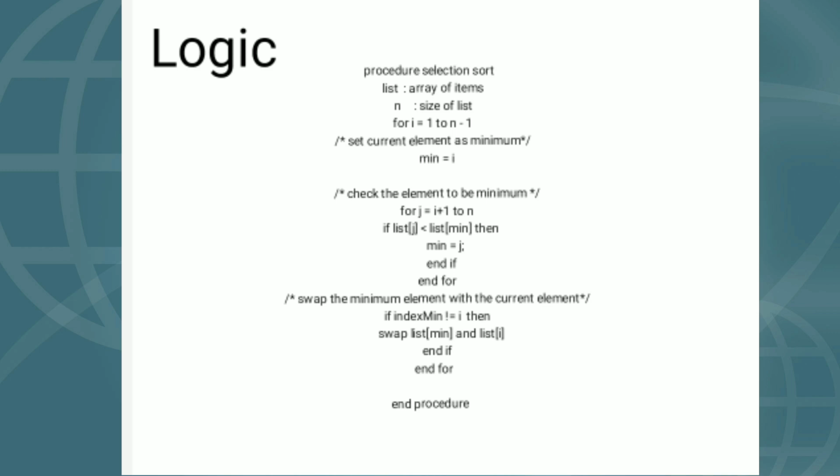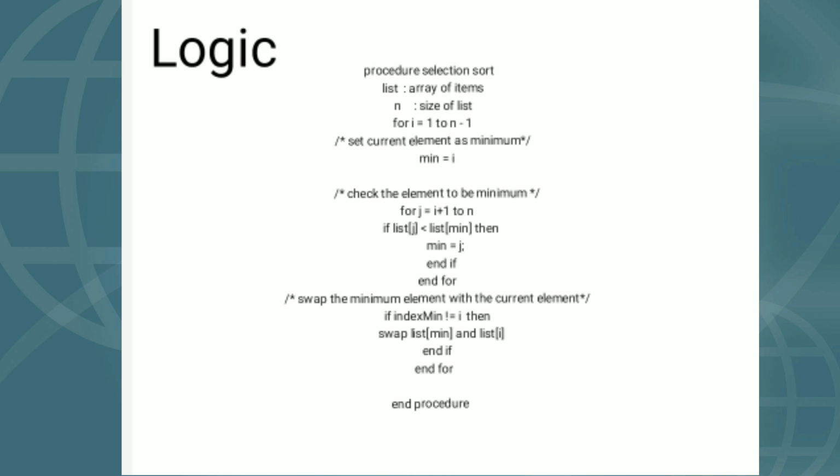And in this situation, if list of j is less than list of minimum, then minimum equals j. It means first we consider the first element as the index element, and here if minimum not equals i, then swap list of minimum and list of i. So here the logic ends.